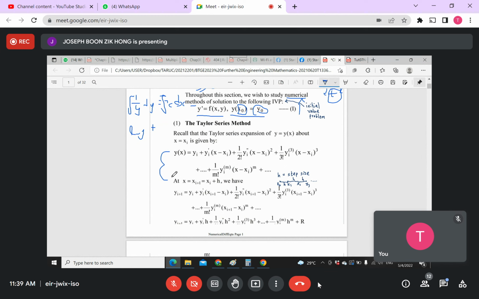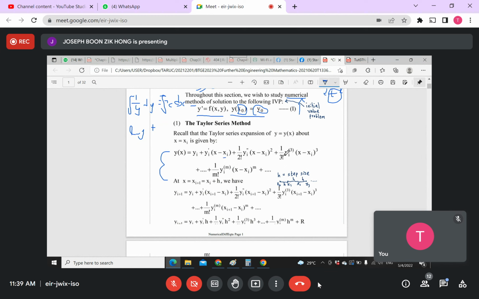Everything is regarding the Taylor series. The Maclaurin series actually is the Taylor series when x is about 0, and the Taylor series is open.